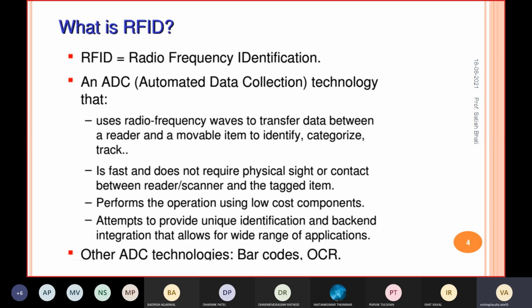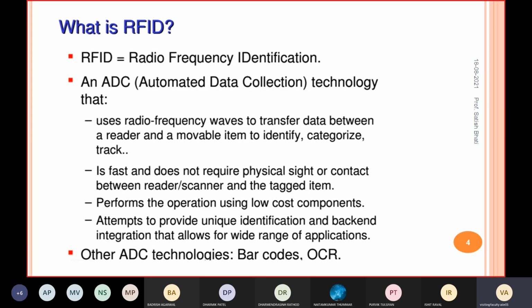When you go to the billing counter, they use a scanner that looks like a gun. They will scan the barcode, right? Sometimes you may observe they are not able to scan properly. Actually that is not RFID, it's barcode scanning.